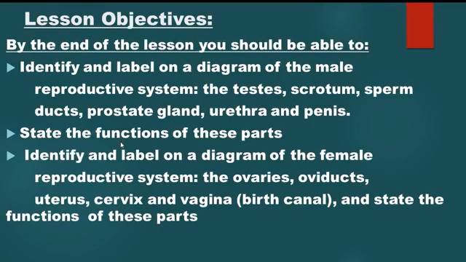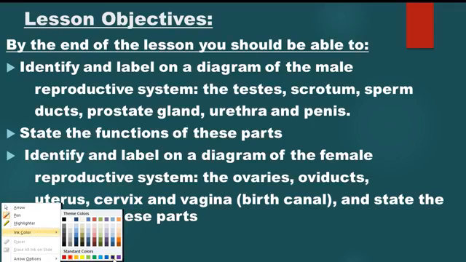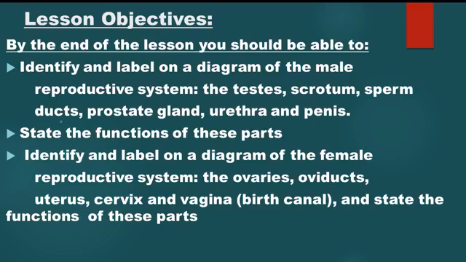Now, the first thing that I want us to look at are the objectives of the lesson. What objectives are we looking at today? So the first objective of the lesson, you should be able to identify and label. In our exams, we will give you the diagram of the reproductive organ systems of either the male or the female.